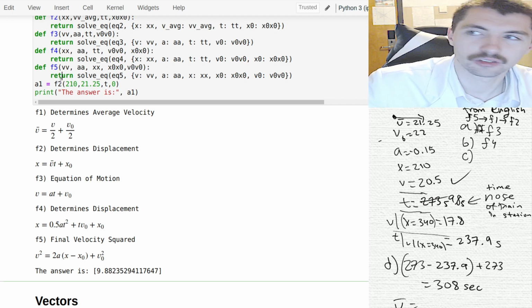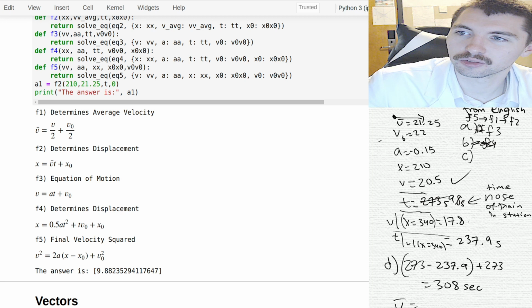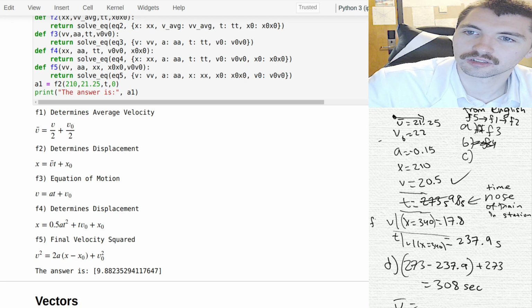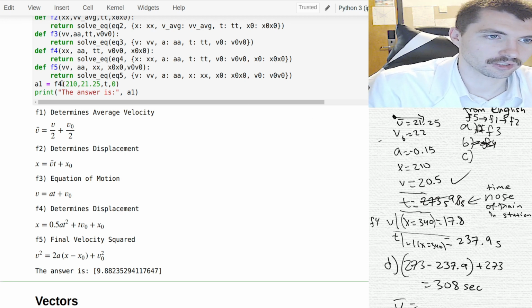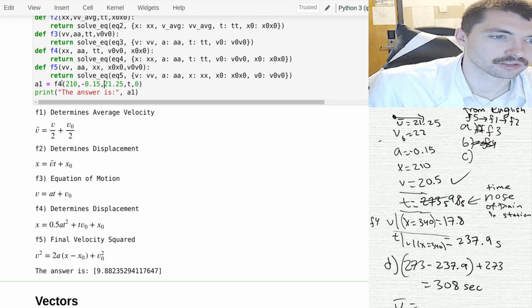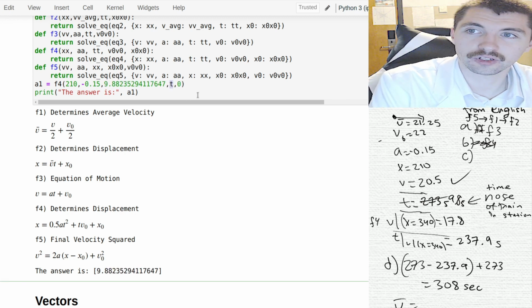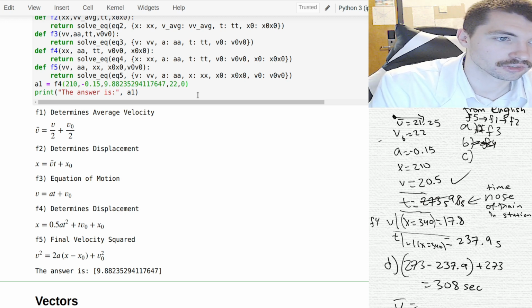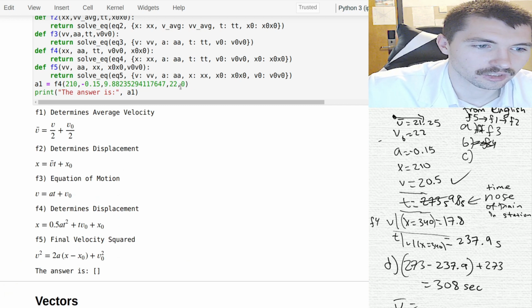Okay, so now we can probably find this with F4. So now we're gonna do F4, X 210, T. Okay, V naught is 22, X naught is 0, answer is 0, so we need to solve for something.